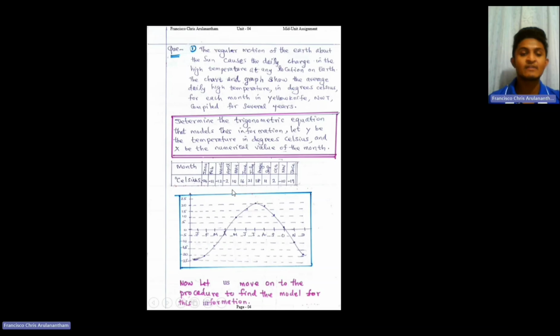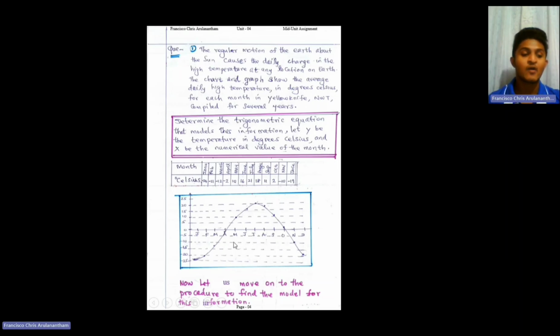The data given in the table shows that temperature increases every month, then decreases after July. You can see in this table. We have to determine the trigonometric equation that models this information.